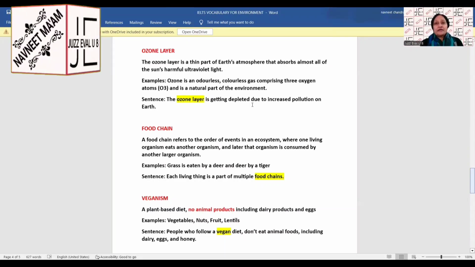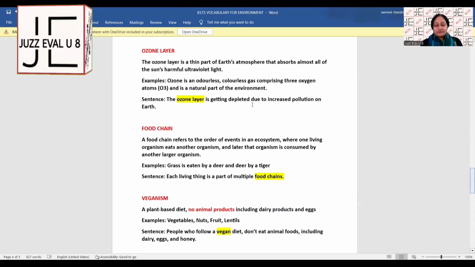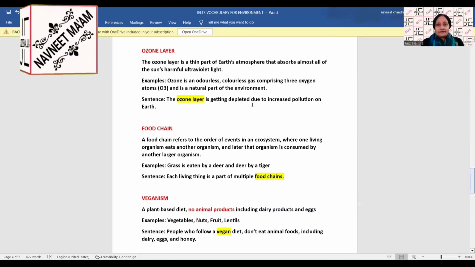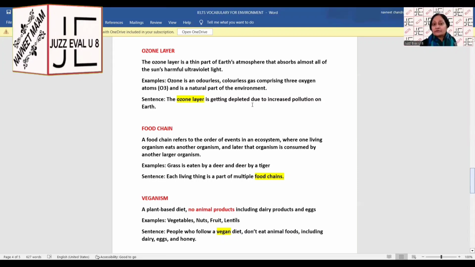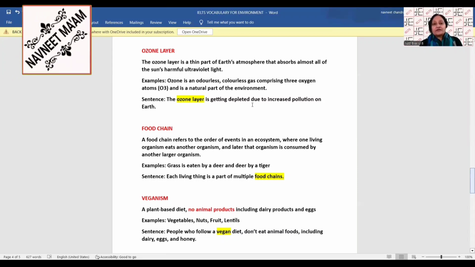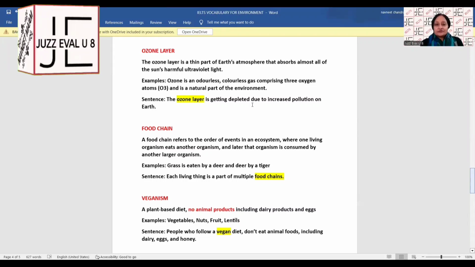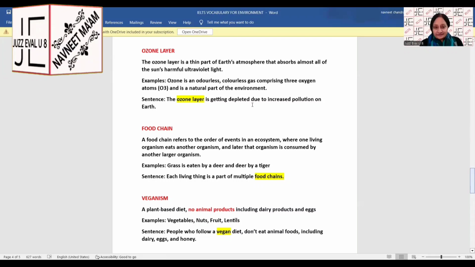So it will not be able to contain the ultraviolet light, which is harmful for the people on the earth and also for plants, other organisms as well. It will not be able to contain it if it gets depleted. So the sentence is: the ozone layer is getting depleted due to increased pollution on Earth.